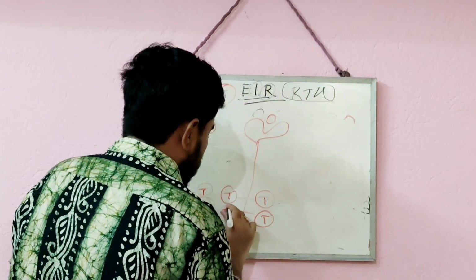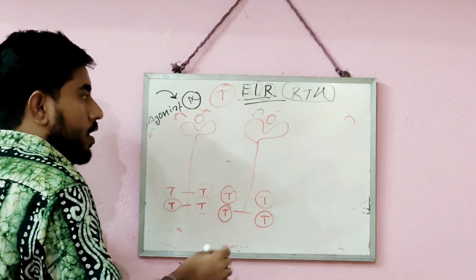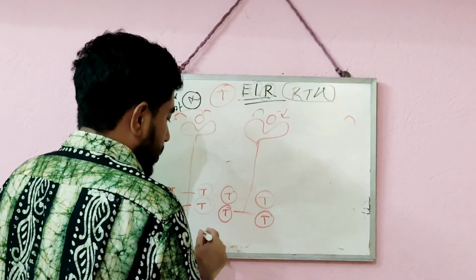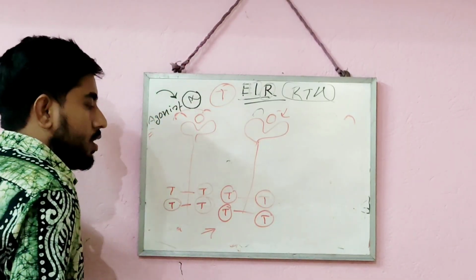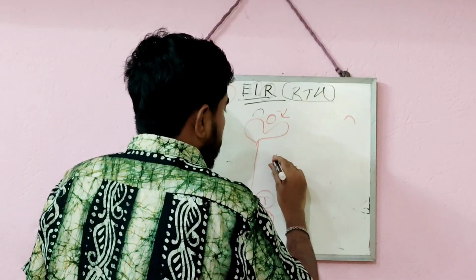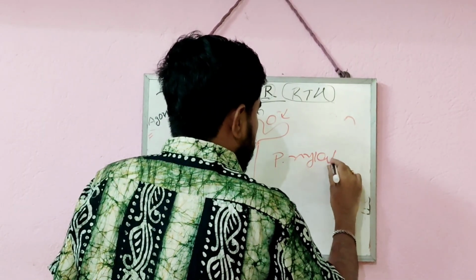So tyrosine is present. When the tyrosine is present, what will it do? It will activate RTK, and RTK will activate the tyrosine. When the tyrosine is activated, it will help in the phosphorylation of ATP.